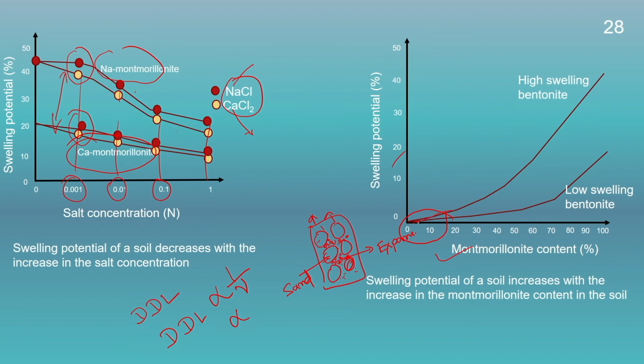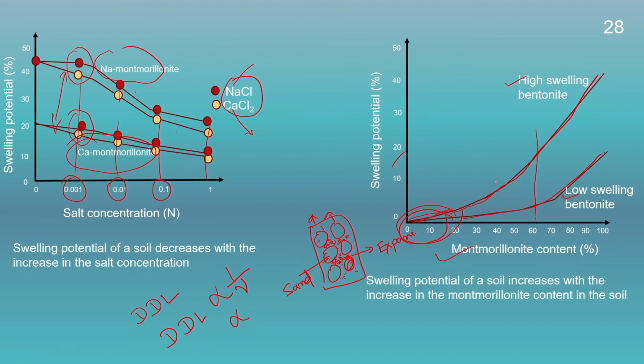So, here we can see that initially the swelling is quite less, but once it completely fills the void space, the swelling increases significantly. And depending on the swelling tendency of this expansive soil, say for example, whether it is a high swelling soil or low swelling soil, the fraction of montmorillonite content after which the swelling increases significantly also changes.